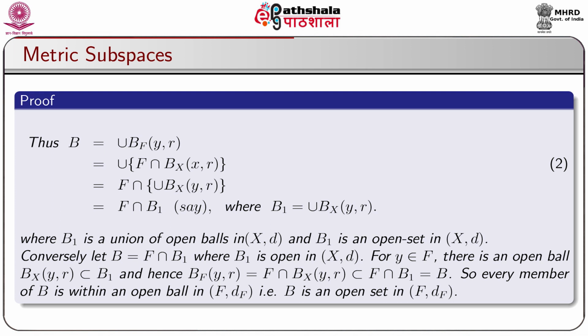So, B is equal to the union of B_F(y, r), that is the union of open balls having center y with radius r, equal to the union of F ∩ B_X(y, r), equal to F ∩ the union of B_X(y, r), equal to F ∩ B1, say, where B1 is the union of B_X(y, r), that is the union of open balls having center y with radius r in X.